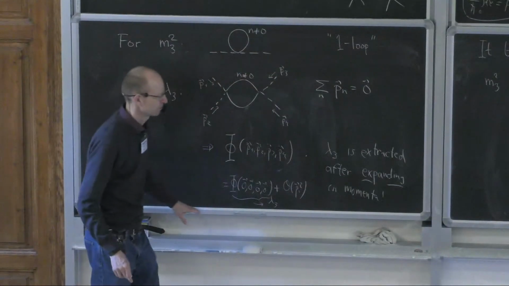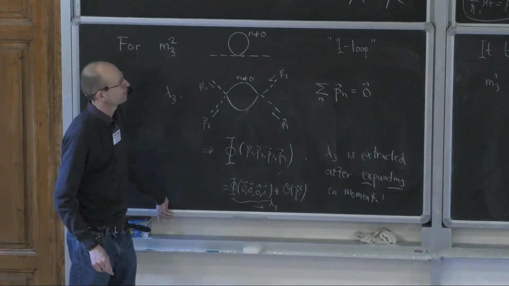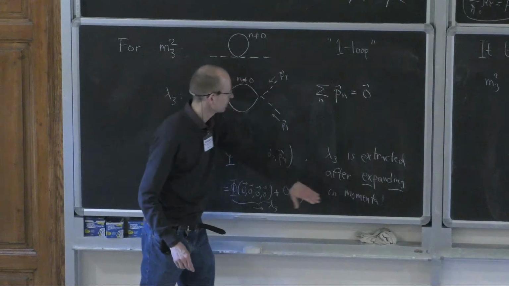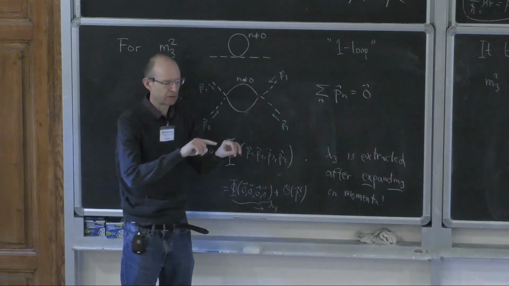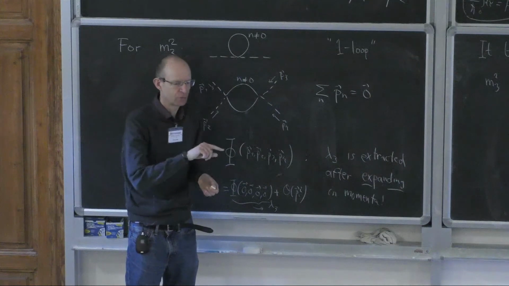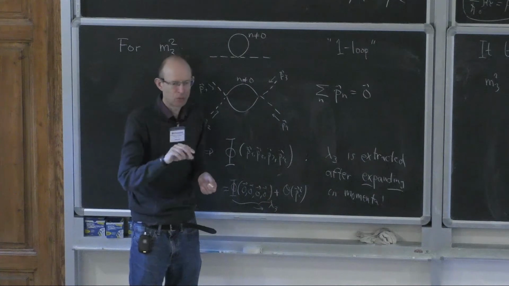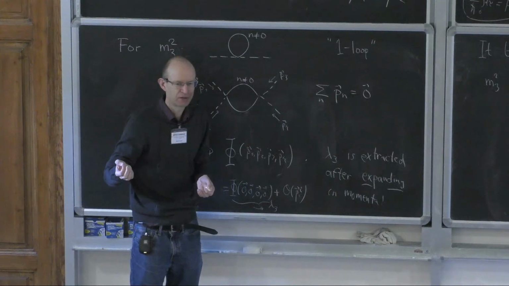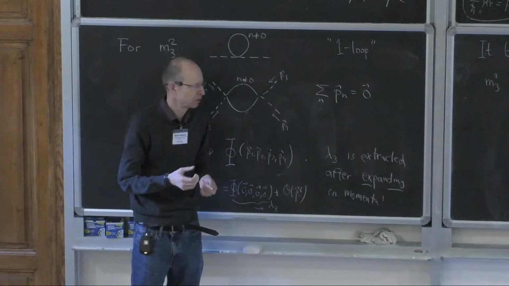Typically, when we are expanding in momentum, we have some propagators, and we are expanding the geometric series, 1 over 1 minus x, or 1 over 1 plus x. The convergence radius is not infinite. So you can only expand when the absolute value of x is smaller than 1.